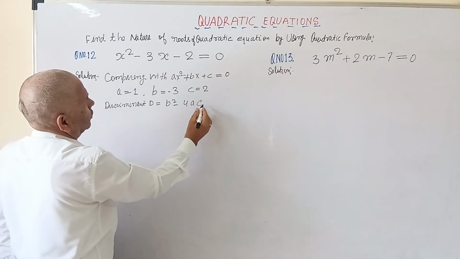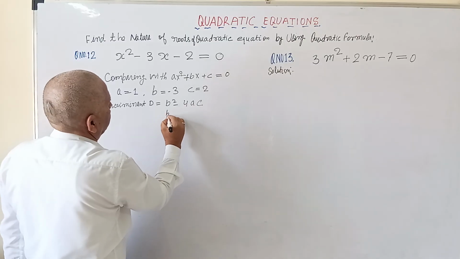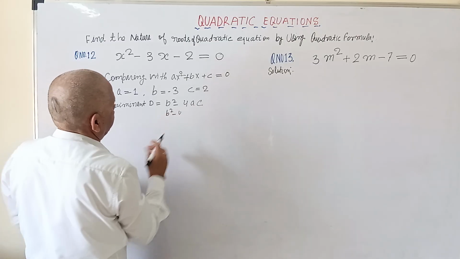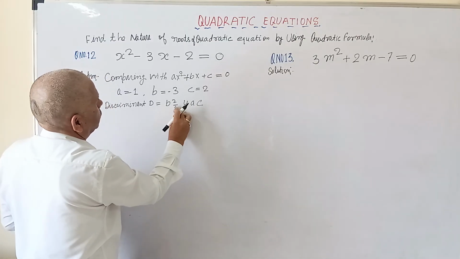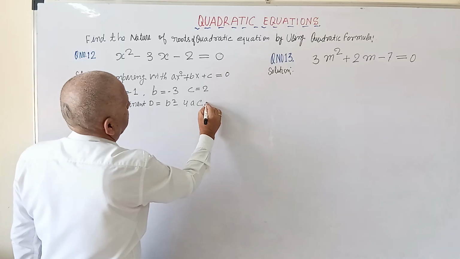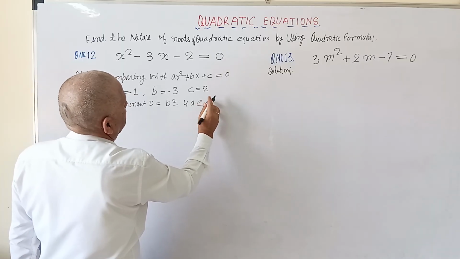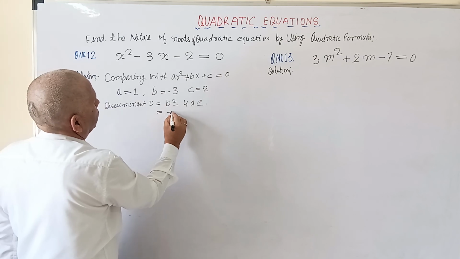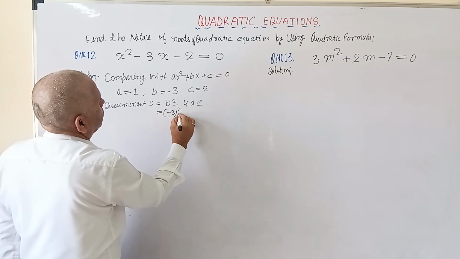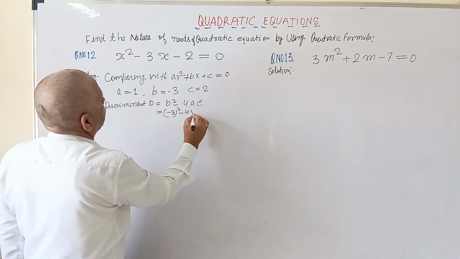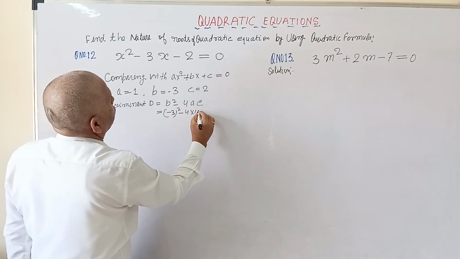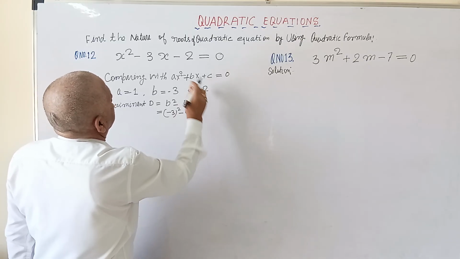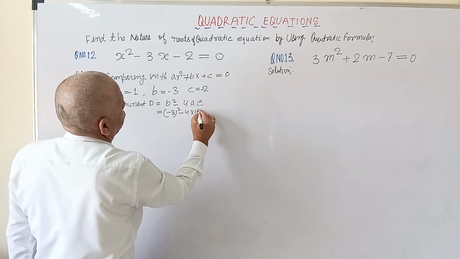So we will calculate this. b square is minus 3 whole square, minus 4 into a, which is 1, into c, which is minus 2.